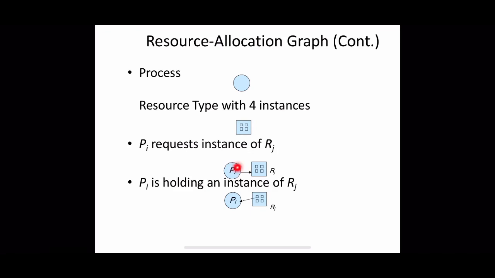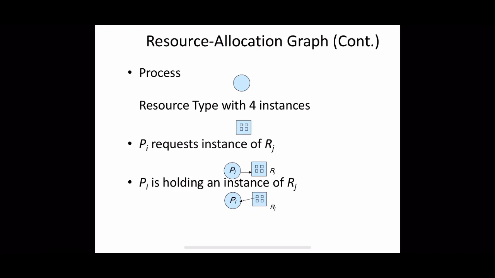Let us see the first type of edge, that is the request edge from process Pi to resource Rj. Pi requests an instance of resource Rj. And the second type of edge is from resource to process. So definitely one instance of that resource is already assigned to Pi.